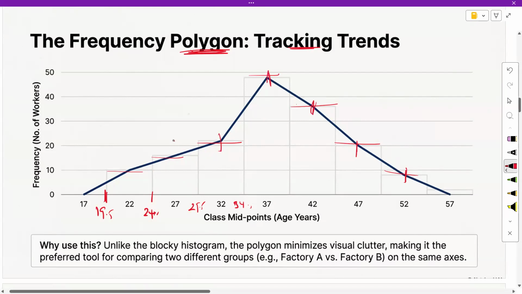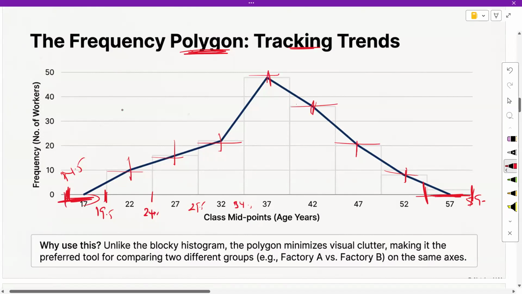We find the mid values, and we connect all the mid values. Here the 14.5 and 59.5. So they have added one more class, right? Here also one more class.